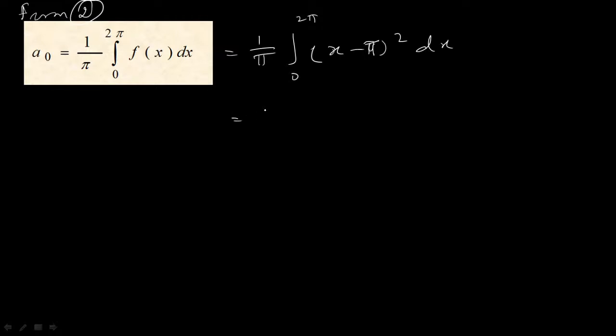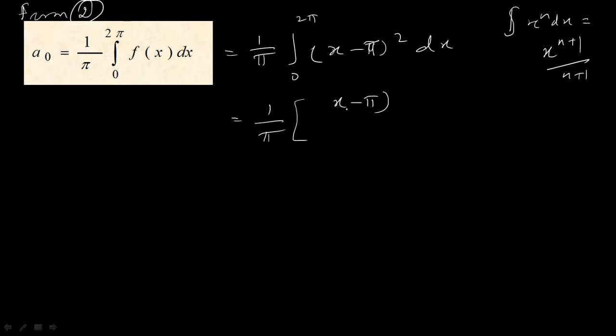By integrating, you already know integral x power n dx is equal to x power n plus 1 divided by n plus 1. The same formula we have to use here. Instead of x we have x minus pi, where minus pi is a constant. So x minus pi the whole cube divided by 3 with the limit from 0 to 2 pi.